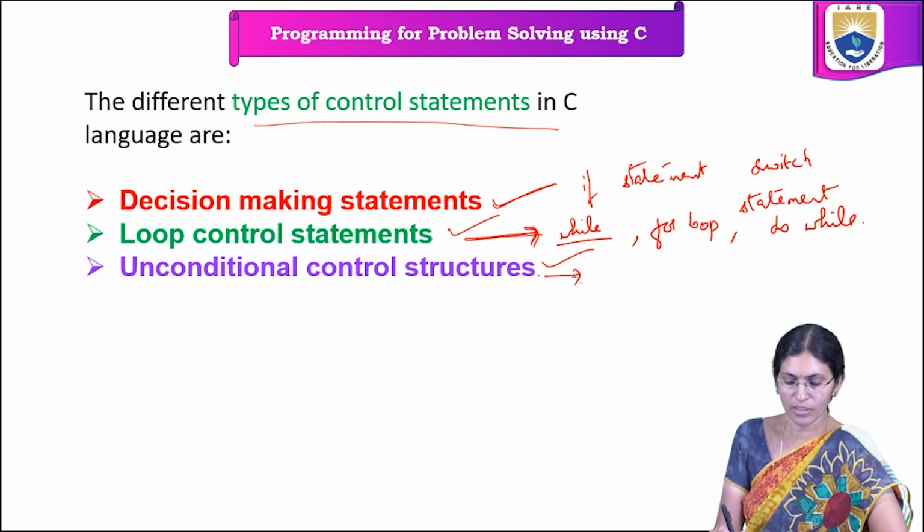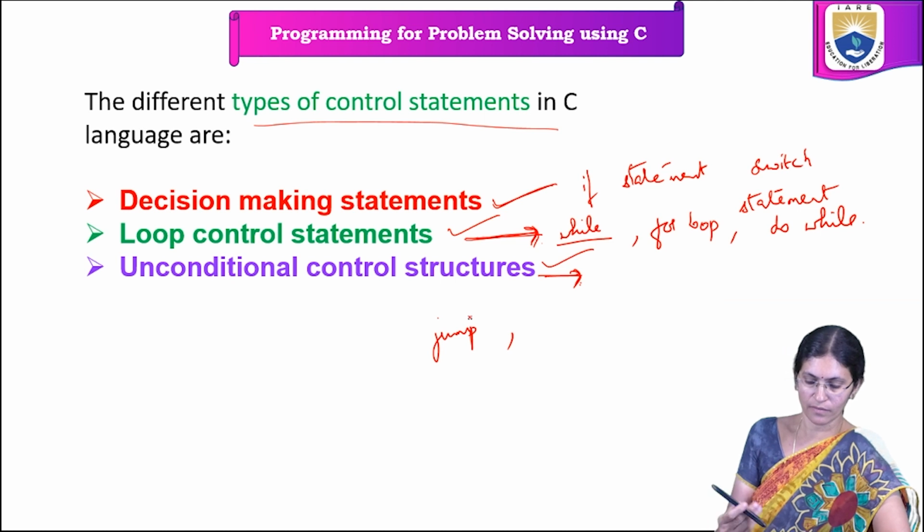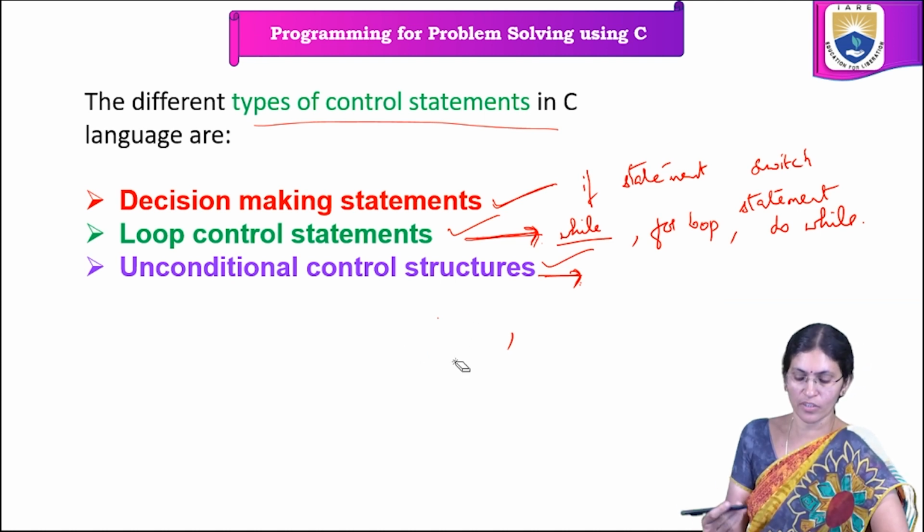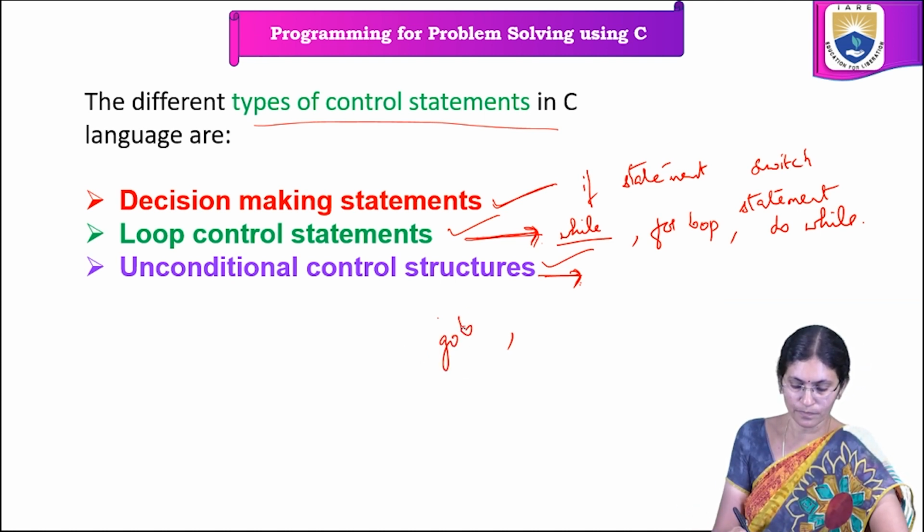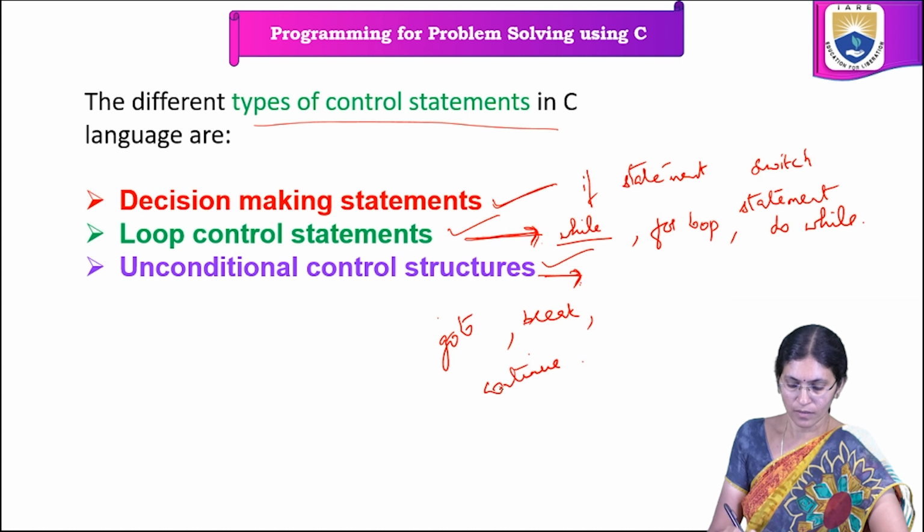Then in unconditional control structures, the keywords which are used are goto, break, and continue.